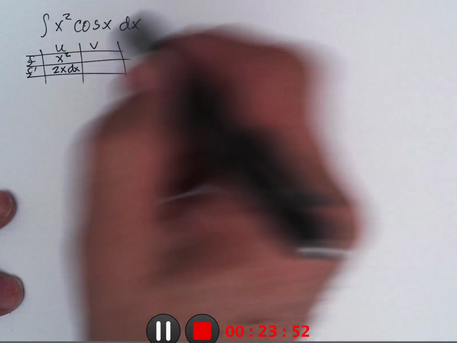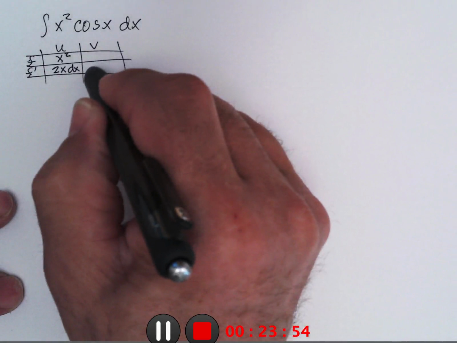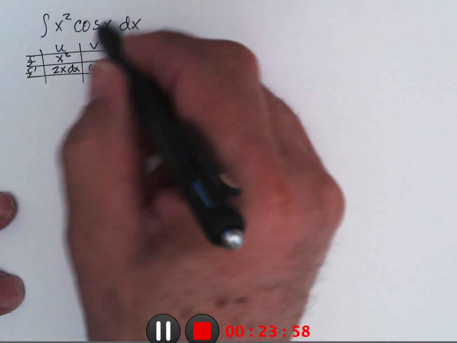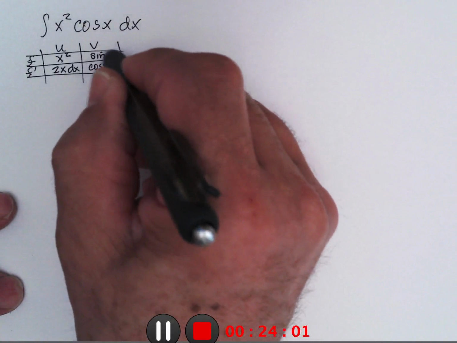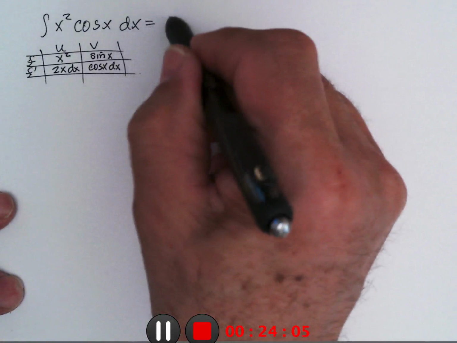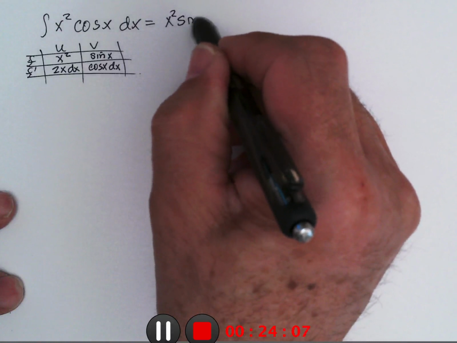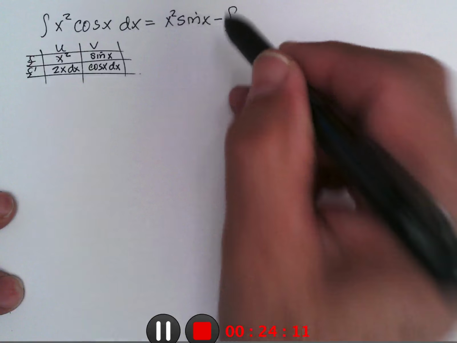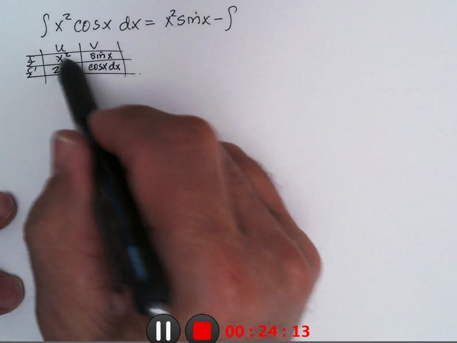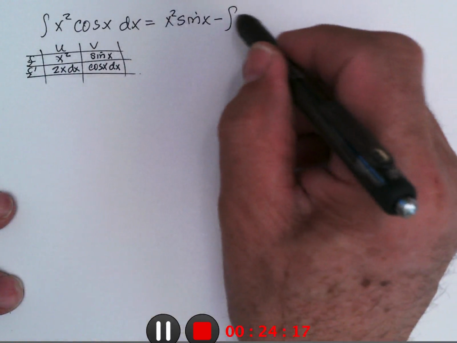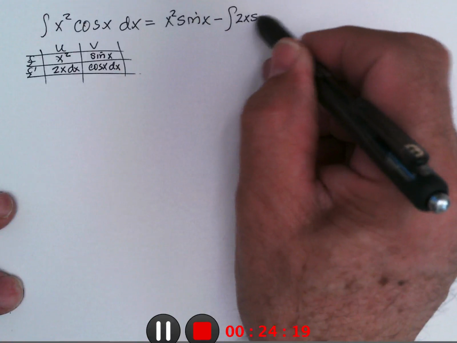And the rest of this, cosine x dx, the antiderivative is sine of x. So this would be x squared sine x for uv minus the integral not of these two, which is what we started with, but these two, which is 2x sine x dx.